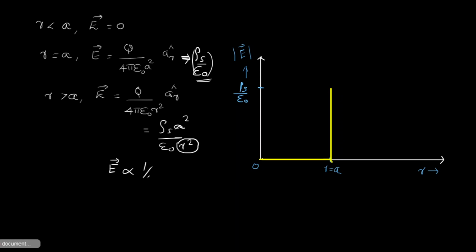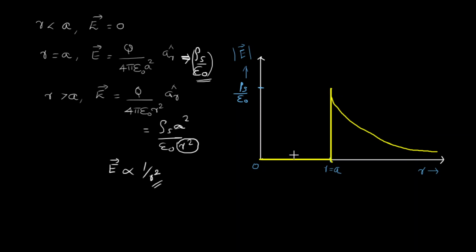So as the radius of the Gaussian sphere increases, your electric field decreases, by the R square term. It is a quadratic decrement. So it decreases like this, goes on decreasing. As R increases further, it decreases.